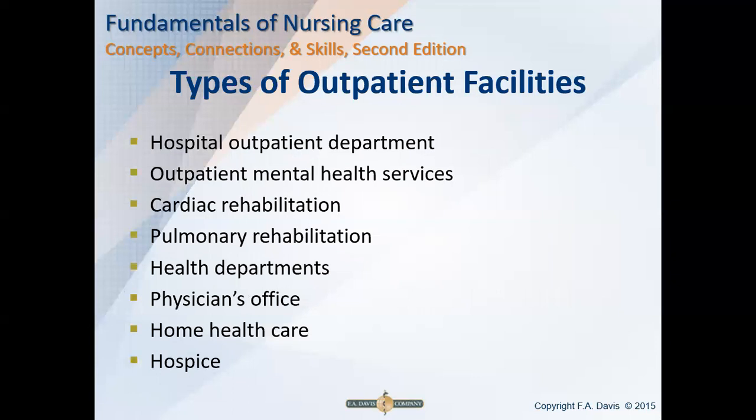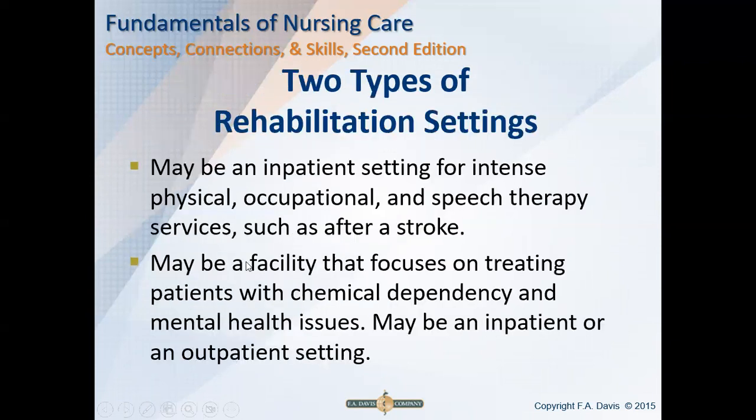Now here are some types of outpatient facilities: hospital outpatient departments, outpatient mental health services, cardiac rehabilitation, pulmonary rehabilitation, health departments, physician offices, home health care, and hospice.